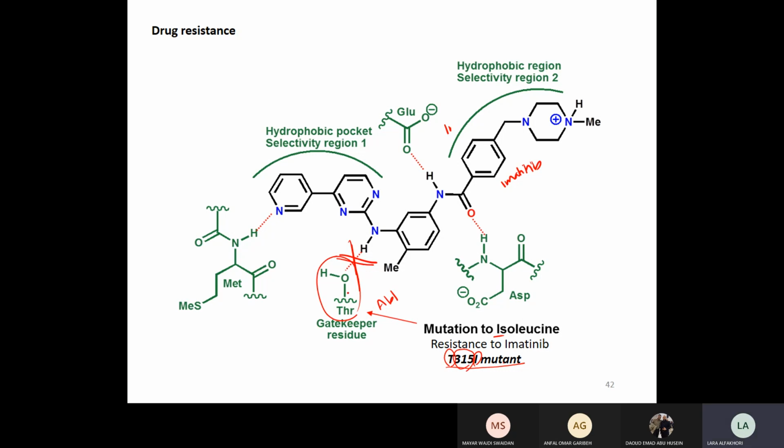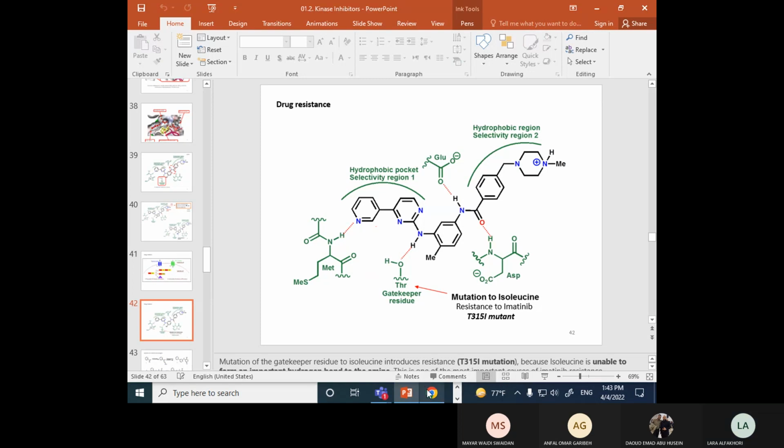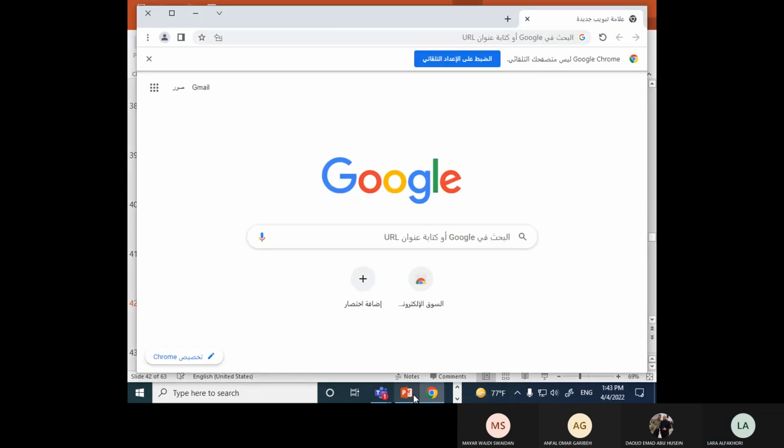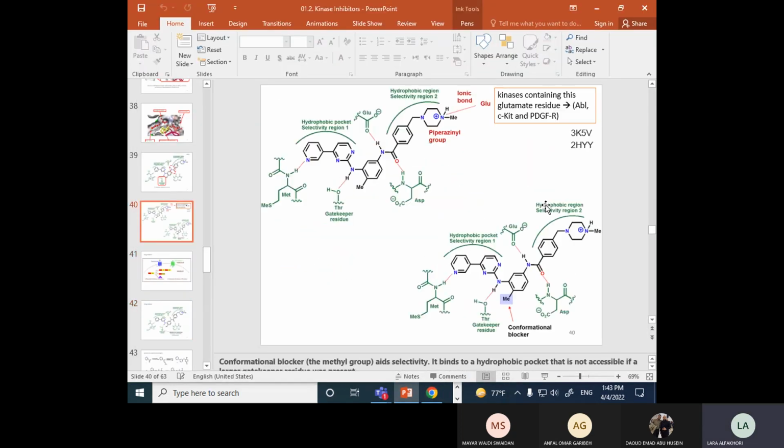That is why the cancerous cells become resistant, or imatinib becomes ineffective against those cells. Let me show you the crystal structure just to remind you of this gatekeeper residue and the interaction it forms.